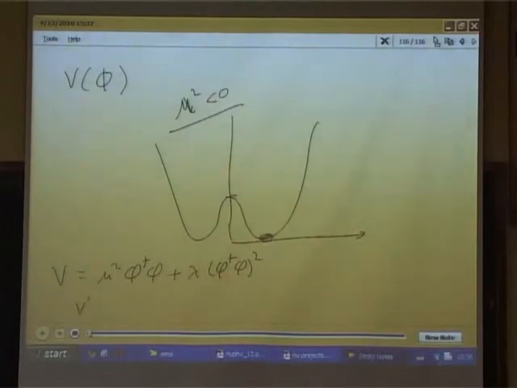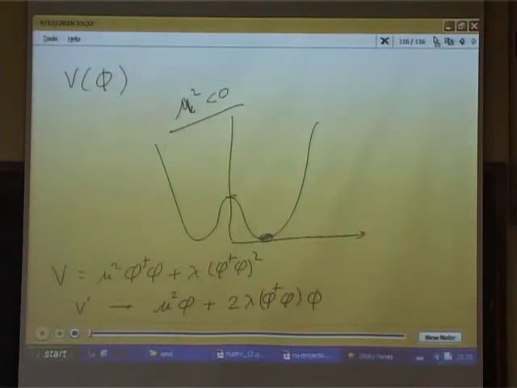So if I take V prime, let's say with respect to phi dagger, then I get mu square phi plus lambda phi dagger phi times phi.